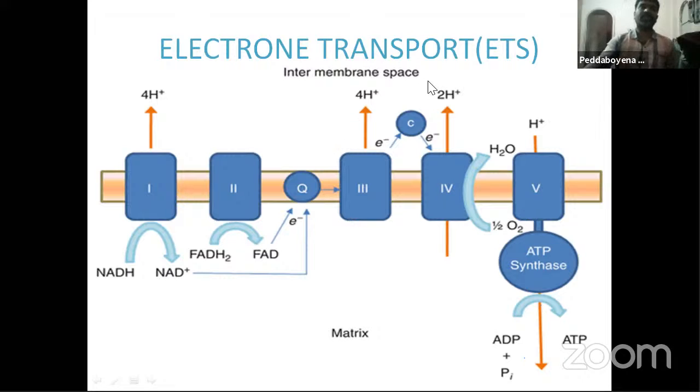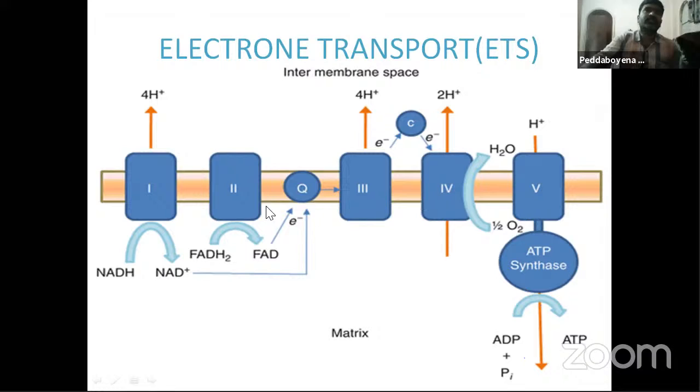This process involves five complexes. Here you are observing 1, 2, 3, 4 and 5. So in total, five multi protein complexes are involved. First one, second one, third one, fourth one, and fifth one.